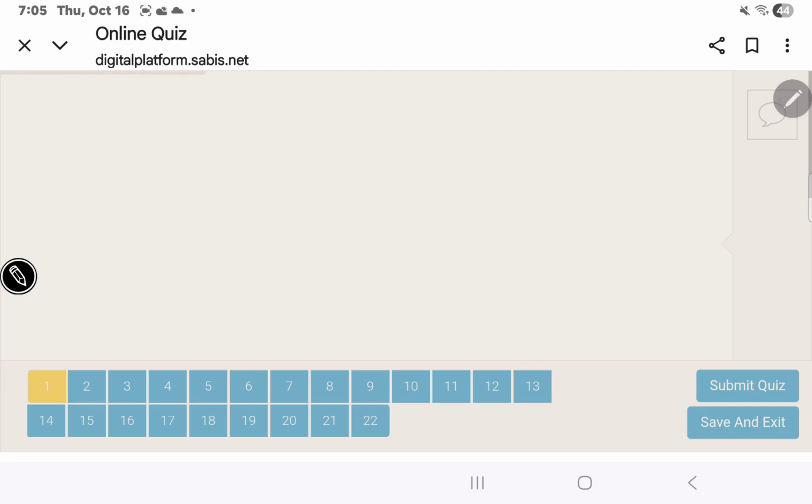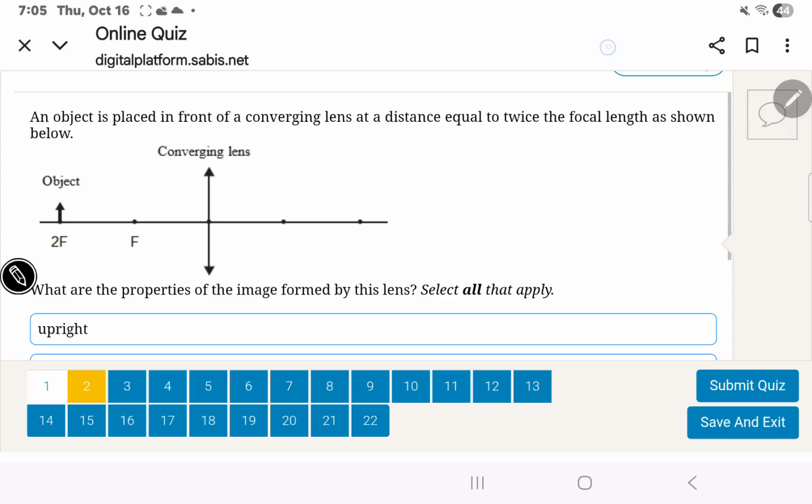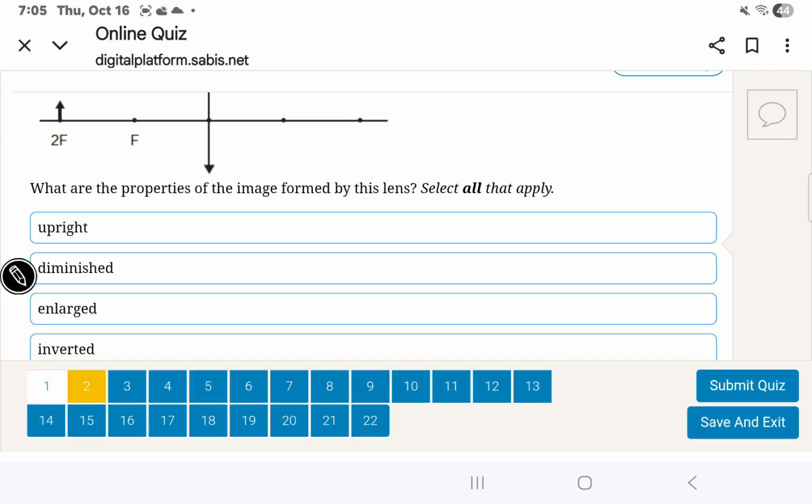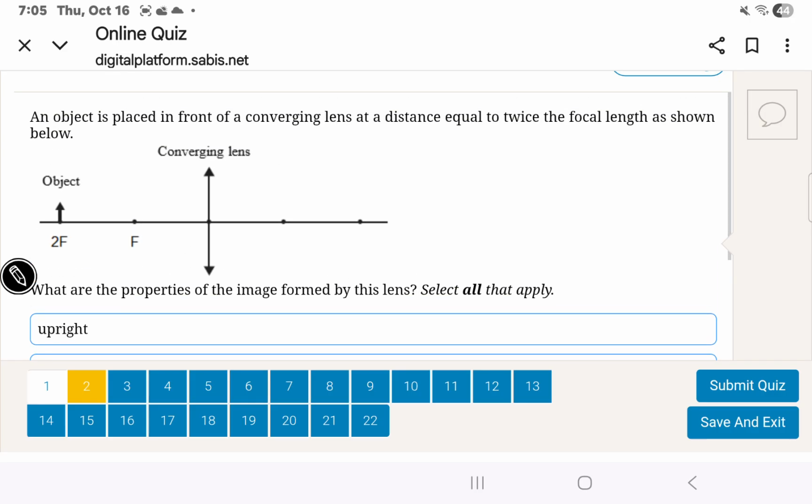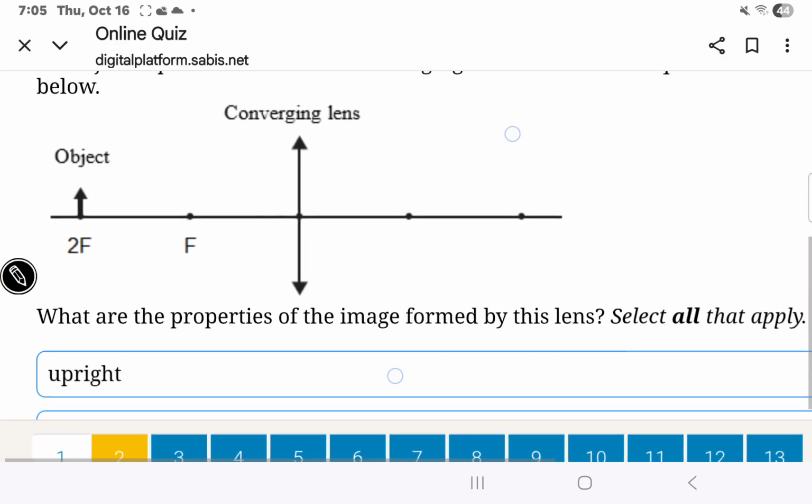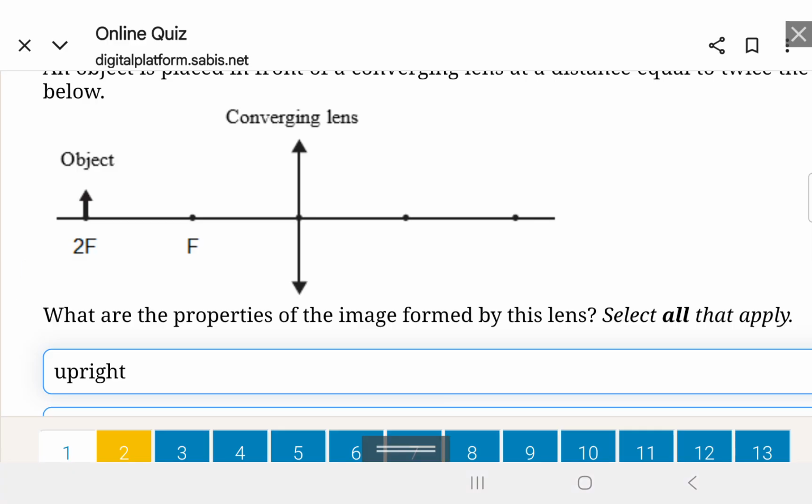Question number 2. An object is placed in front of a converging lens at a distance equal to twice the focal length, as shown. What are the properties of the image formed by the lens? In order to know the properties, let us first draw the position of the image and the image itself.